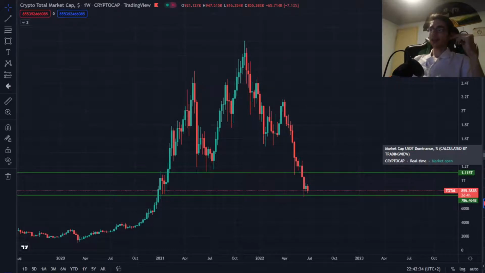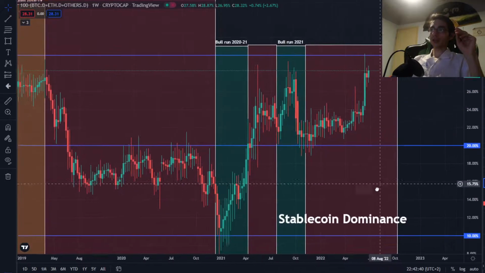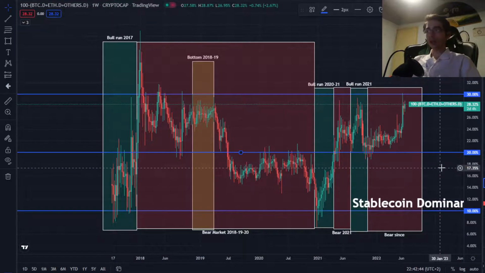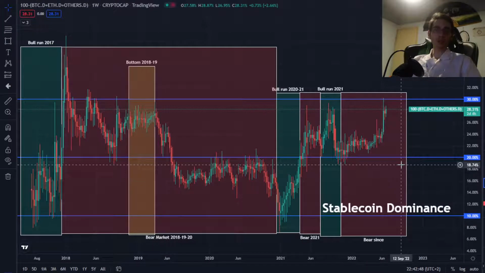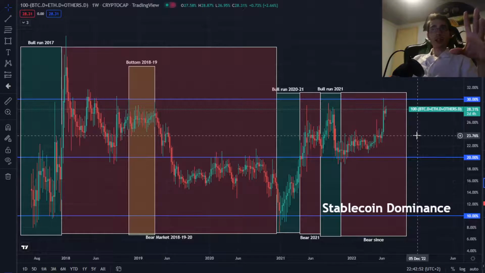And for me, this is the case. We are now just waiting for this stablecoin dominance to reach the point at which we are expecting Bitcoin to reach that price. This is the case study today.